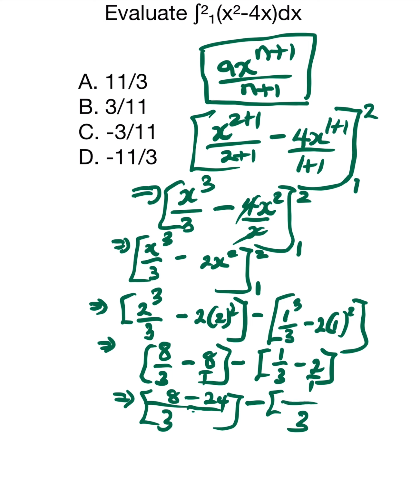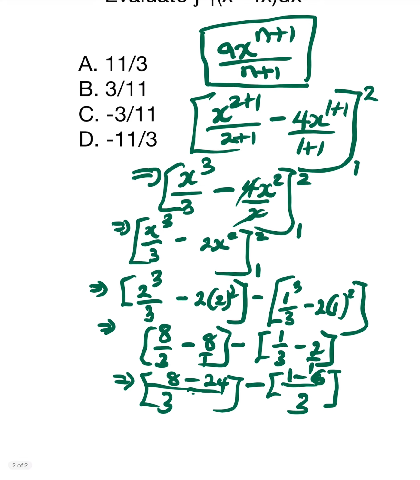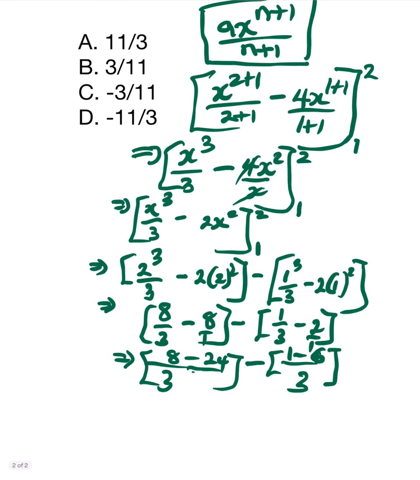Then I'm going to have 1 minus 6, because 3 times 2 is 6. This will be equal to 8 minus 24, which gives me minus 16 divided by 3.